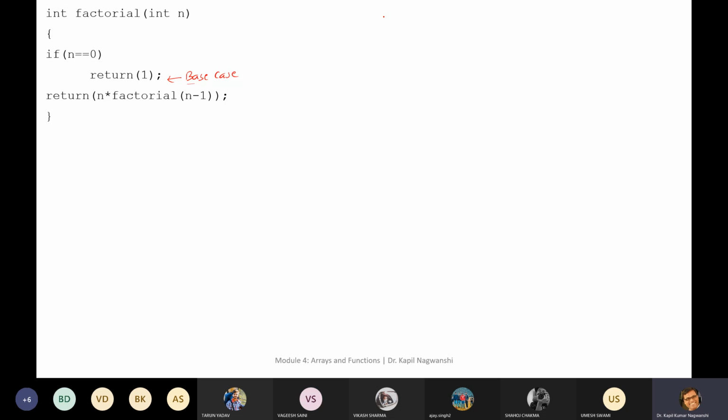Now suppose I am calling factorial of 5. What will it do? It is checking for this value.